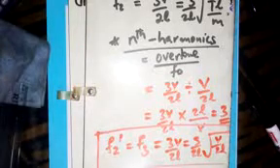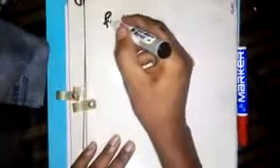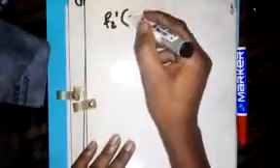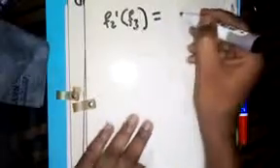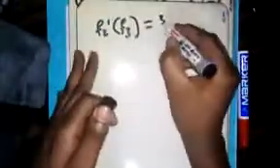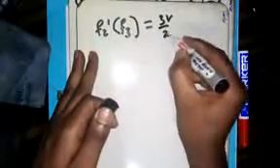Now, we want to know the relationship between the second overtone, which is the same as the third harmonic, and the fundamental frequency. We know that the second overtone, which is the same as the third harmonic, is equal to 3v over 2L.